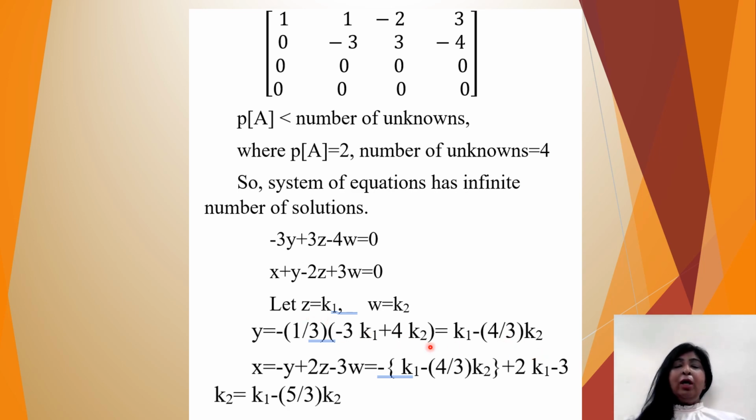Now I have the values of y, z and w, so just substitute all the values over here, and I will get the value of x. After solving it, you will get the value of x as k1 minus 5 by 3 k2. So just correct it, this is x.